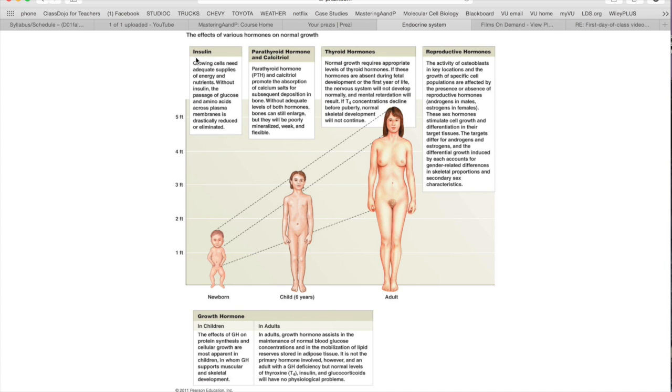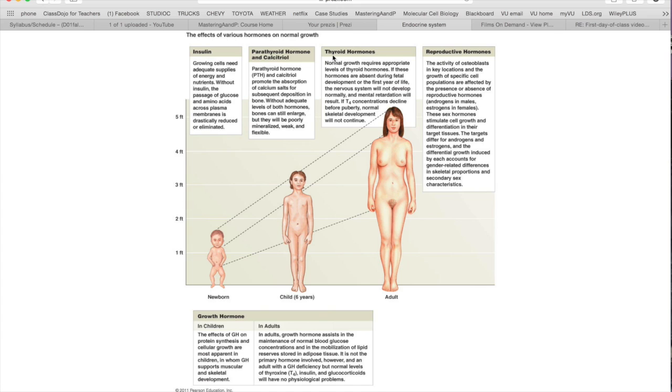One would be insulin. That ensures that we have enough energy and nutrients for the growth. Two more are parathyroid hormone and calcitriol. These are both involved in calcium level regulation. They make sure we have enough calcium in the blood to grow. We need to have enough calcium in our bones for them to be strong.